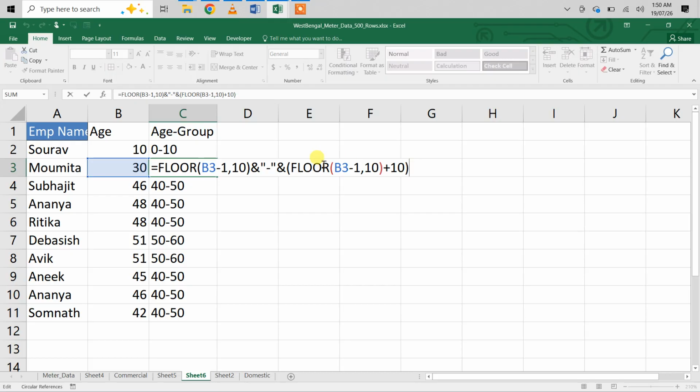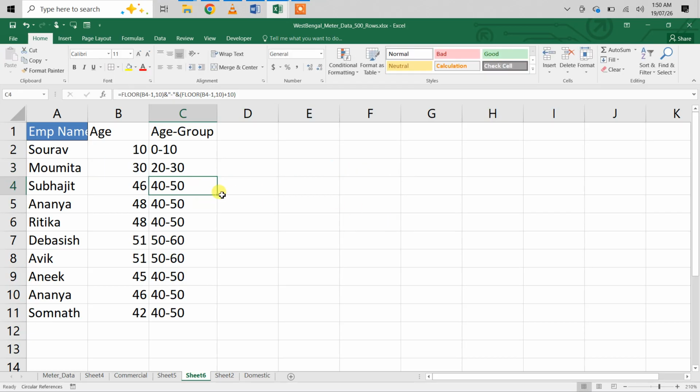So we need to subtract 1 from the age value. Let me again show what I am doing. If I write in here 34, it's 30 to 40, that's perfectly fine. But if I write in here 30, the answer is 20 to 30.